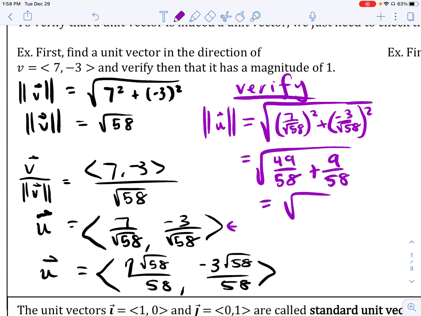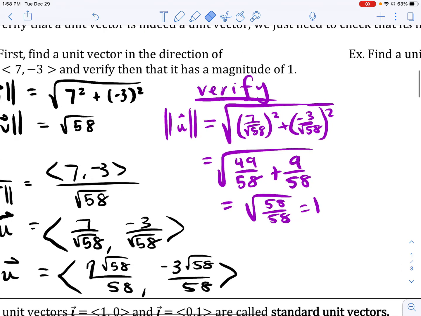I get root 58 over 58, and that's just going to give us 1. So what I've just done is verify that this unit vector I found does indeed have a magnitude of 1. This is not something that we'd have to do all the time, but just something that we at least now know how to do.